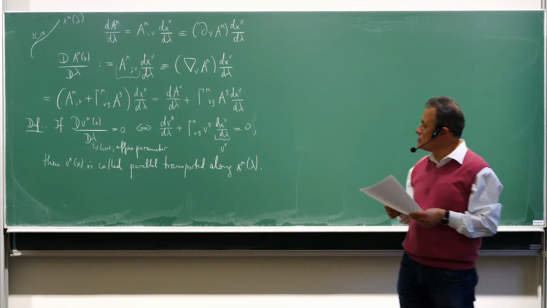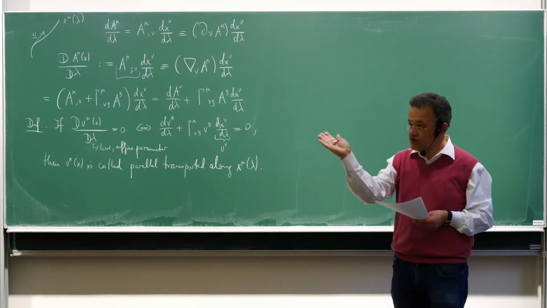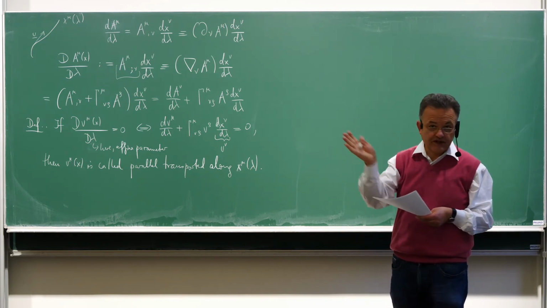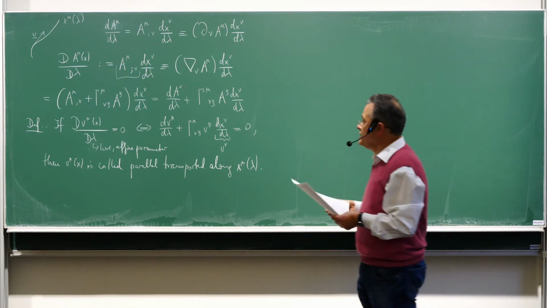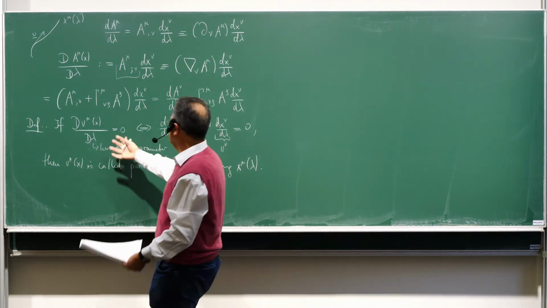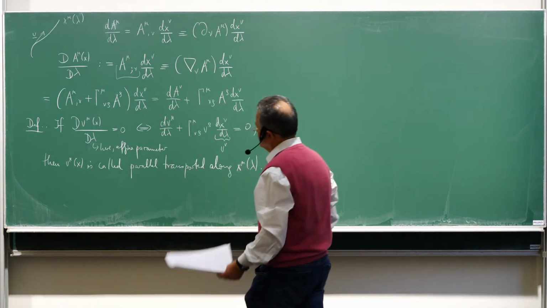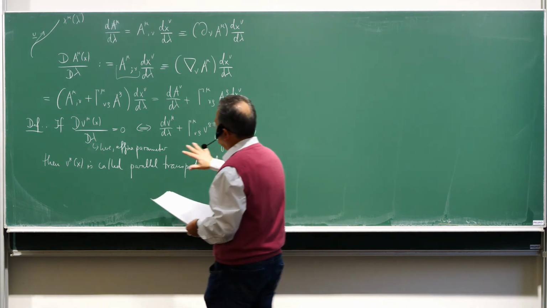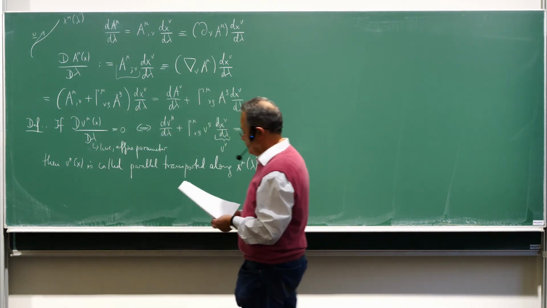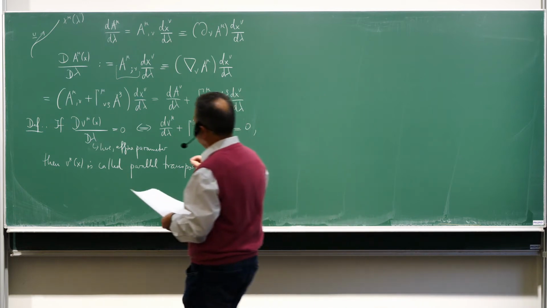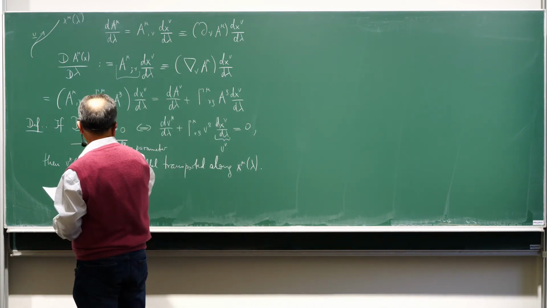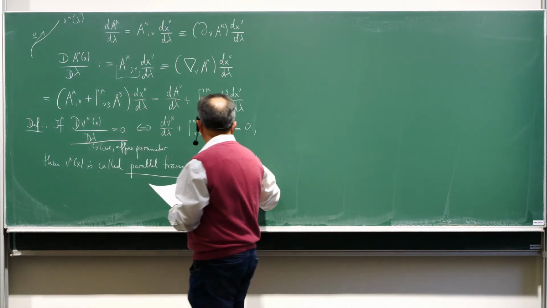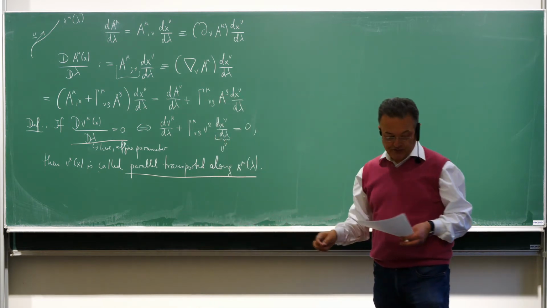Now, if this directional derivative does not change, so the vector always points in the same direction, we call it parallel transported. So it's natural to generalize the notion of parallel transport here to the case of curved space, and the covariant derivative is zero along x mu of lambda.